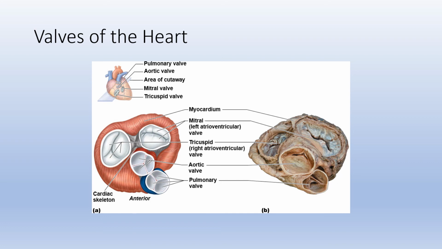I should also note here that the terms bicuspid and tricuspid refer to the number of flaps associated with the valve. The mitral valve or the bicuspid valve, which separates the left atrium from the left ventricle, has 2 cusps. The tricuspid valve, which separates the right atrium from the right ventricle, has 3 cusps. Both semilunar valves have 3 cusps.